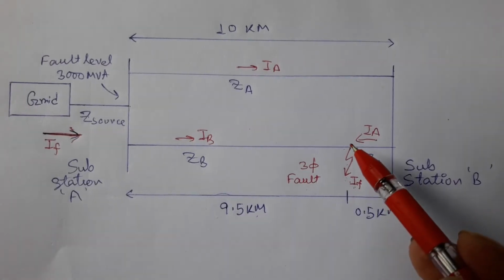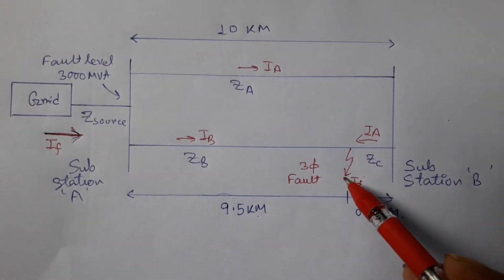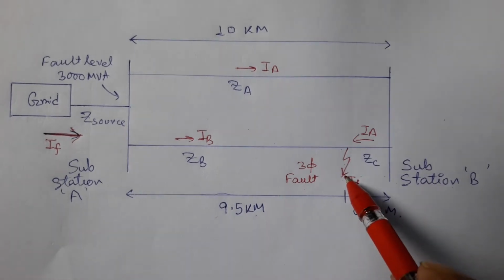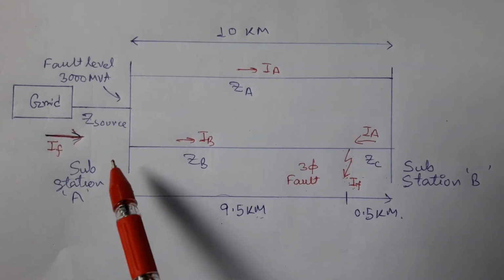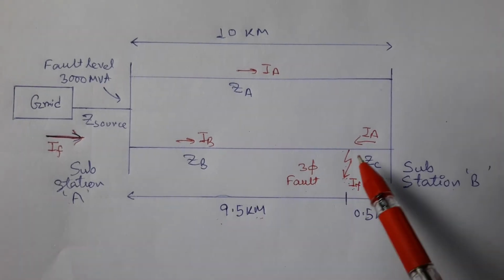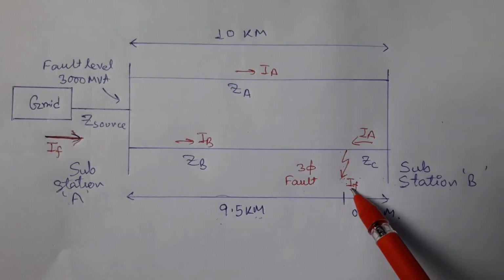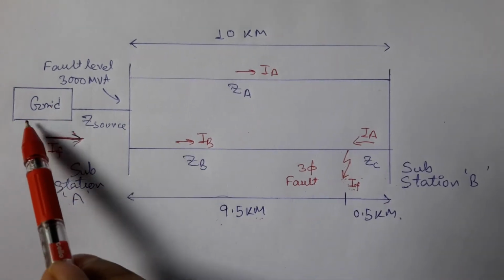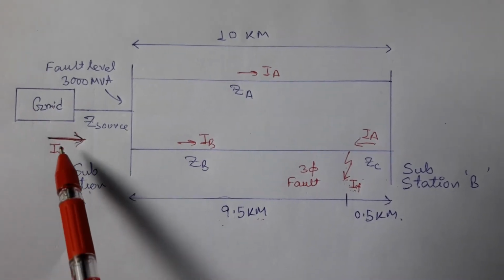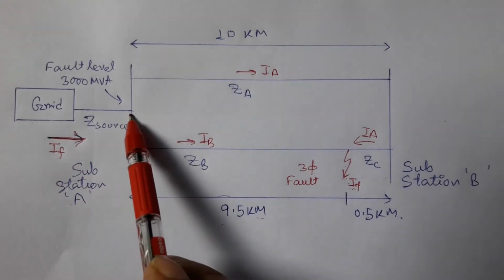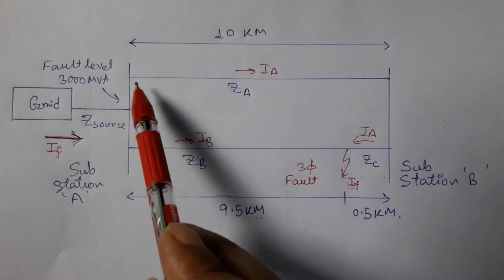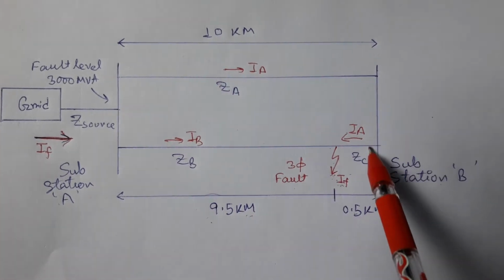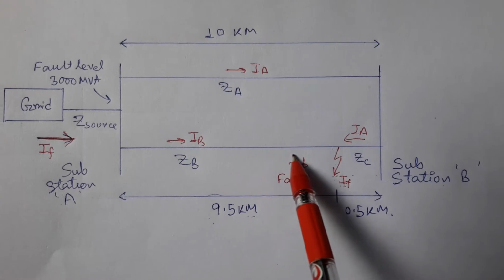In this case, the fault occurs 500 meters from substation B, so this fault is 9.5 km away from substation A. We consider the fault current is IF, fed by the grid, and this current IF will follow two paths, one through line 1, another through line 2.